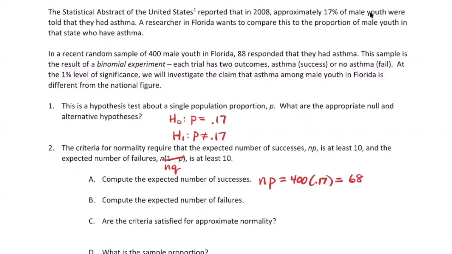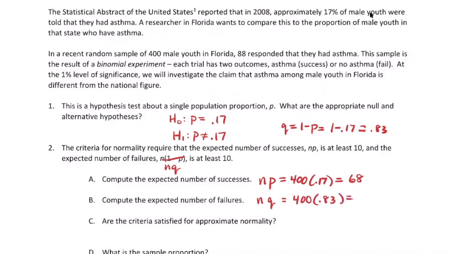Then remember q is 1 minus p, so 1 minus 17% is 83%. 83% of the kids would not have asthma if the null hypothesis is true. So nq is 400 times 0.83.